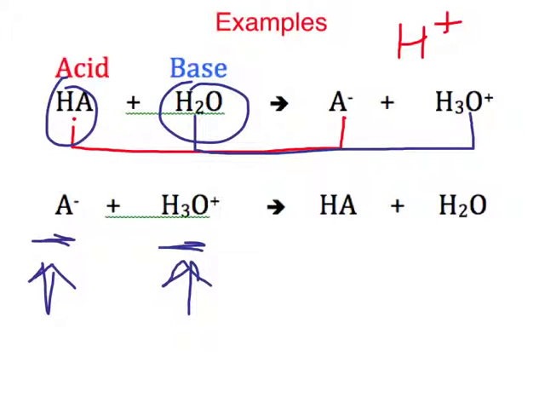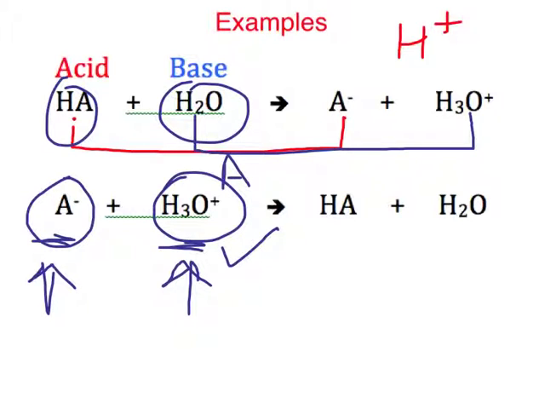Hint, what's the definition of a Bronsted-Lowry acid? Well, Mr. Monahan, a Bronsted-Lowry acid can donate an H+. Can this donate an H+? No. Can this donate an H+? Yes. This is our acid, and this is our base.